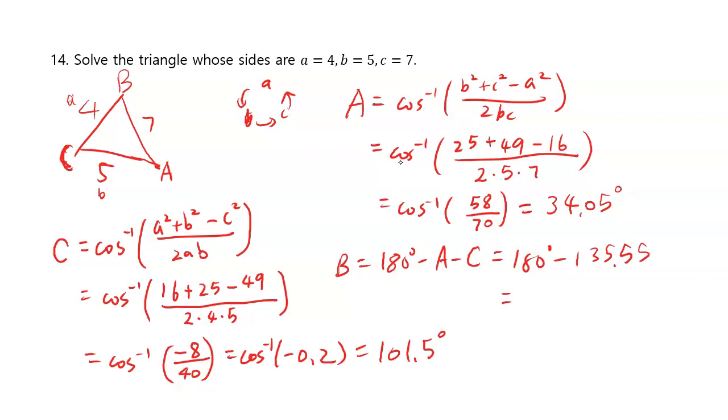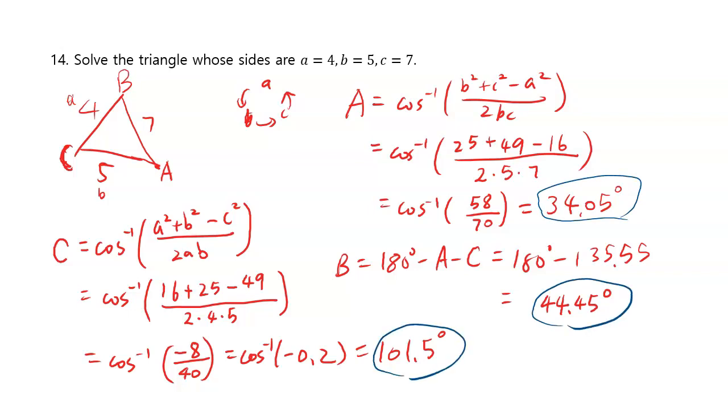That's going to be 80 minus 35. That's 44.45 degrees. Okay, so these are the 3 angles. So we have found the remaining 3 angles, and since we know all the 3 angles and all the 3 sides, we have solved the triangle.